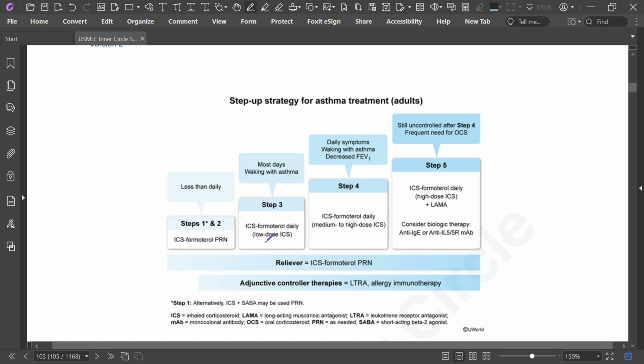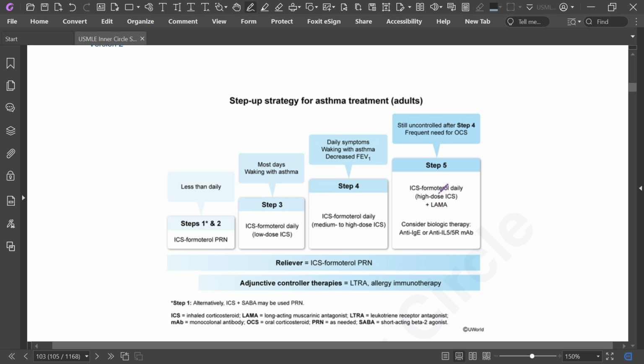Low dose inhaled corticosteroid is used in steps 1 and 2 when symptoms occur less than daily. Step 3 is most days, waking with asthma. Step 4: inhaled corticosteroid-formoterol daily, medium to high dose inhaled corticosteroid daily, with daily symptoms, waking with asthma, decreased FEV1.